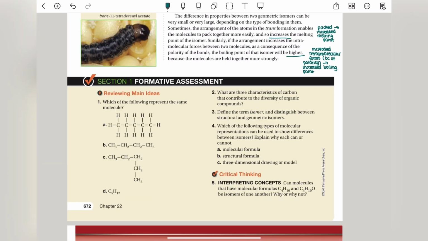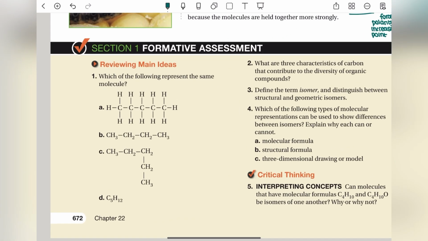Our first question asks, which of the following represent the same molecule? So again, let's look at A and B first. In A, we have a CH3, and then a CH2, another CH2, and a third CH2, and this is another CH3.